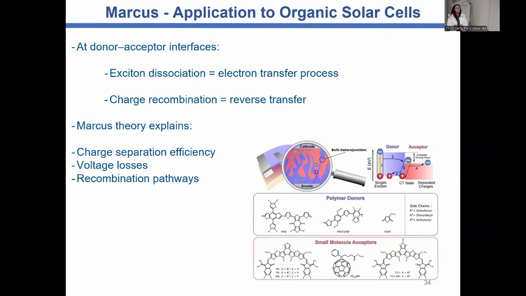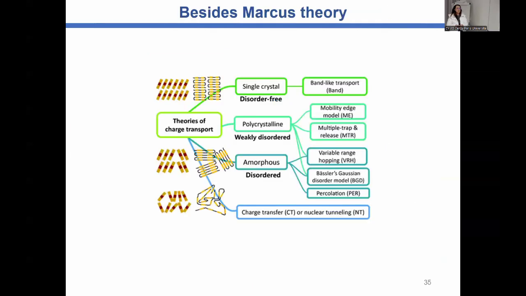In terms of application on solar cells, it can predict or propose some charge separation more efficient, or reduce or increase the voltage losses because of the recombination pathways here that are minimized, and everything that is proposed through this model, it's applied to organic solar cells.